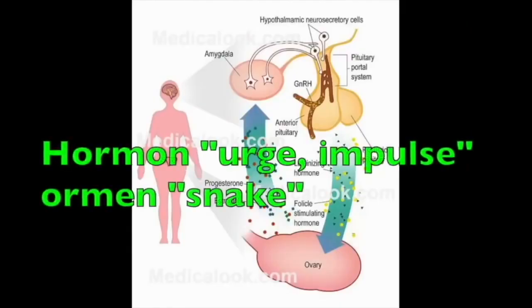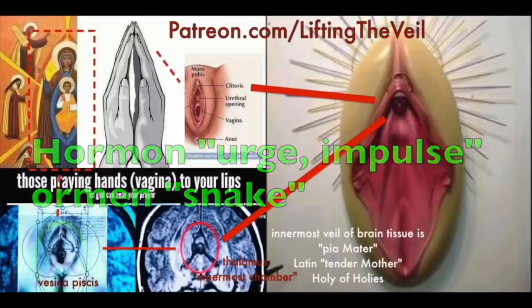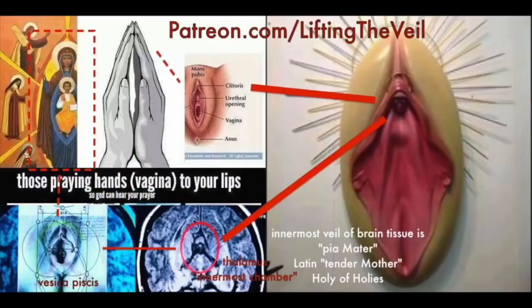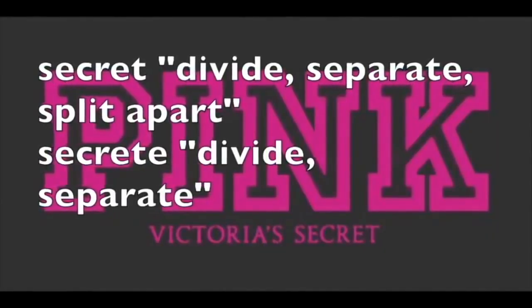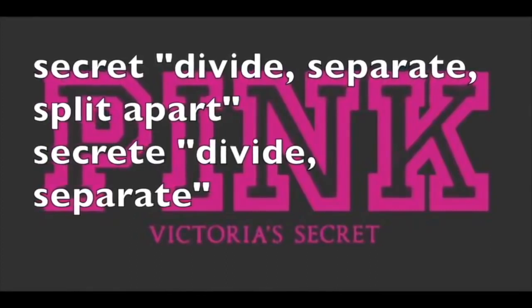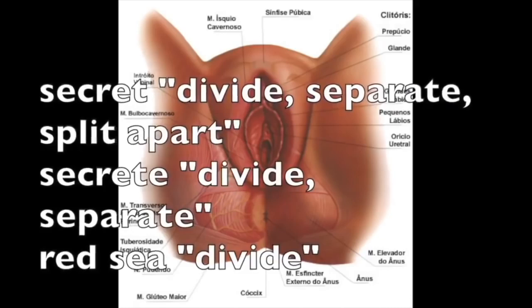Hormone comes from the Greek hormone, meaning urge, impulse, instinct. In other words, our first most basic urges. The words secrete and secret are etymologically linked: the secretions, the sacred secretions, the sacred secret.